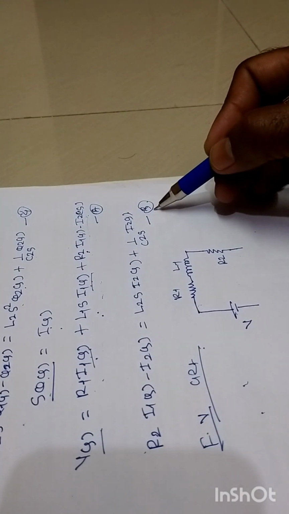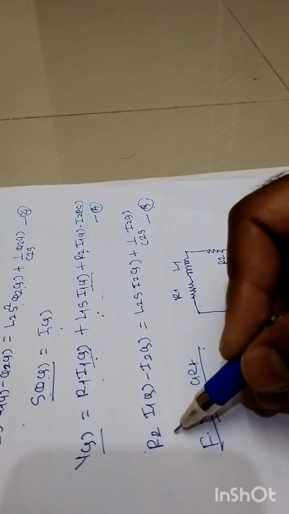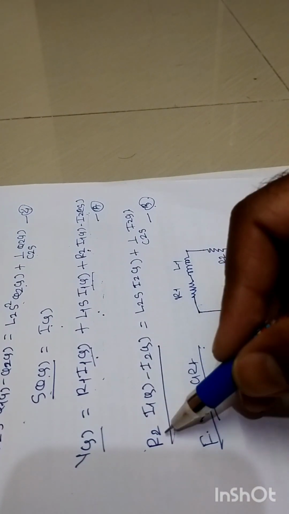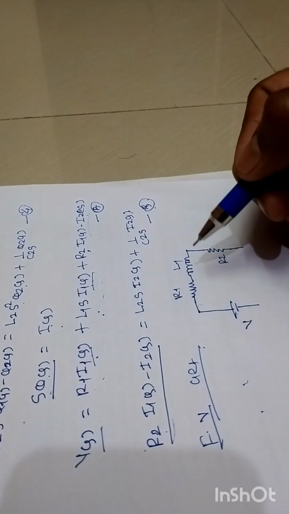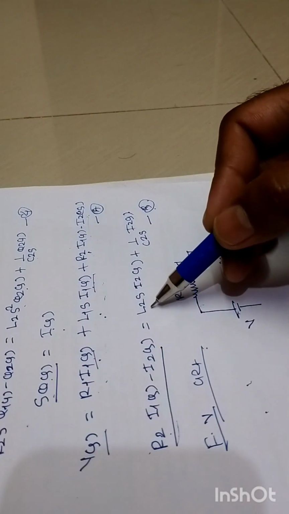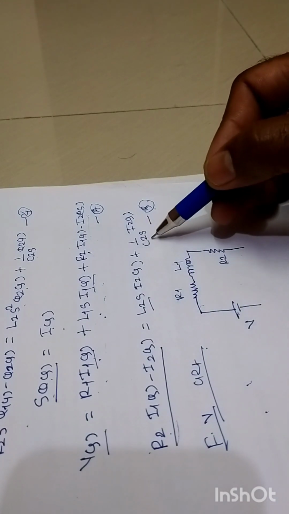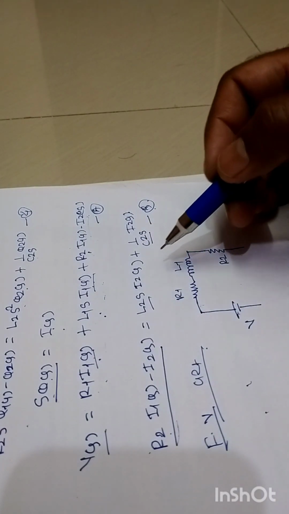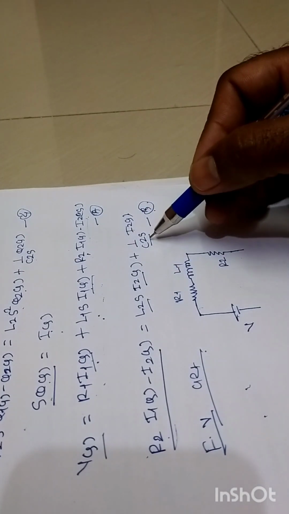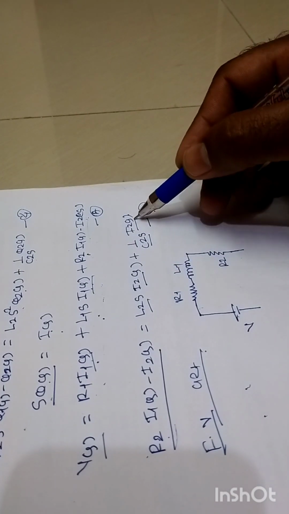As far as equation number capital B is concerned, what is written to the left hand side of this assignment operator? The coefficient is R2 times I1 minus I2. So already it is being taken into account. And as far as these two terms are concerned, L2 and 1 over C2, what are the coefficients of these two terms? The coefficient of L2 is I2 and the coefficient of 1 over C2 is also I2.